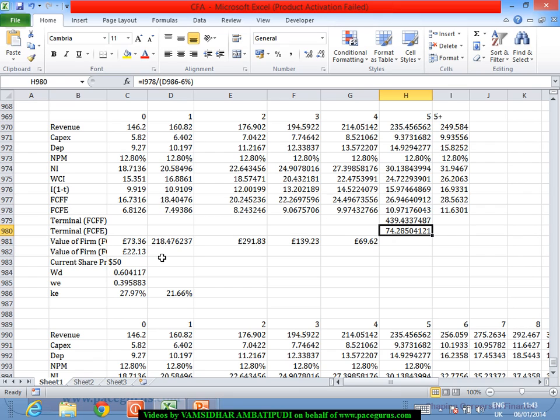I take the present value as of this particular date. The problem is the FCFE in each of the years; I should not compute it through this mechanism. So that is the terminal FCFE.